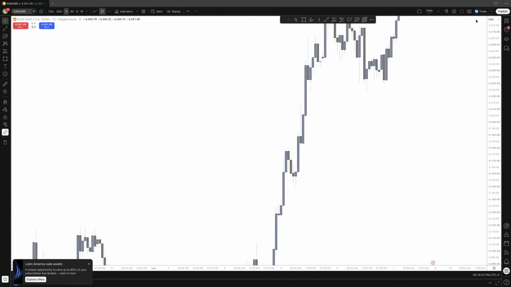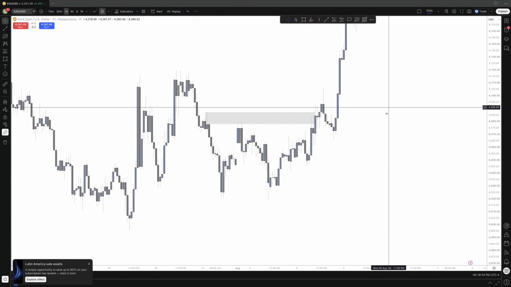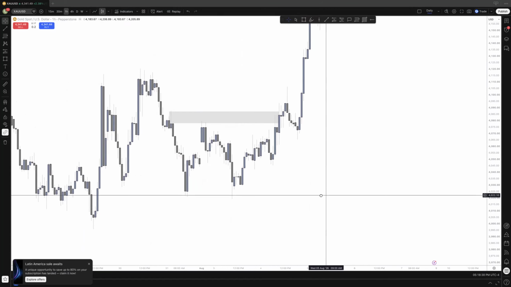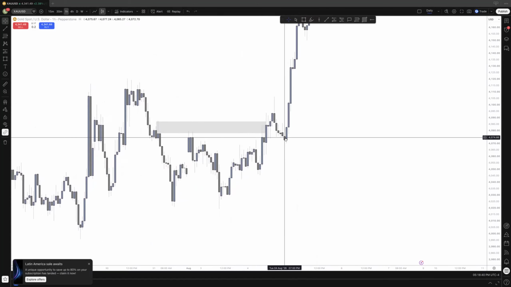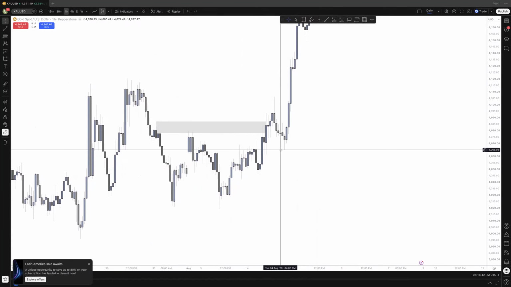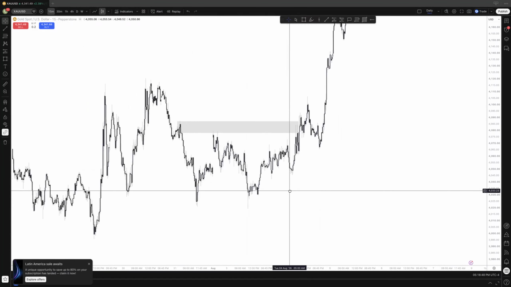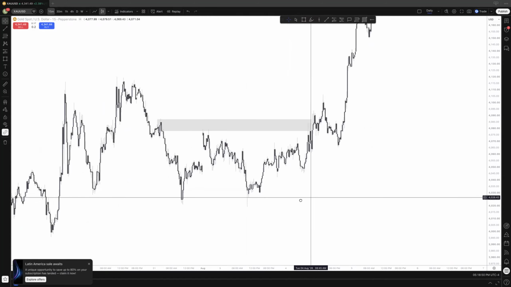This is actually a trade that I took on the 15 minute, so let's cut down to the 15 and see what's going on.